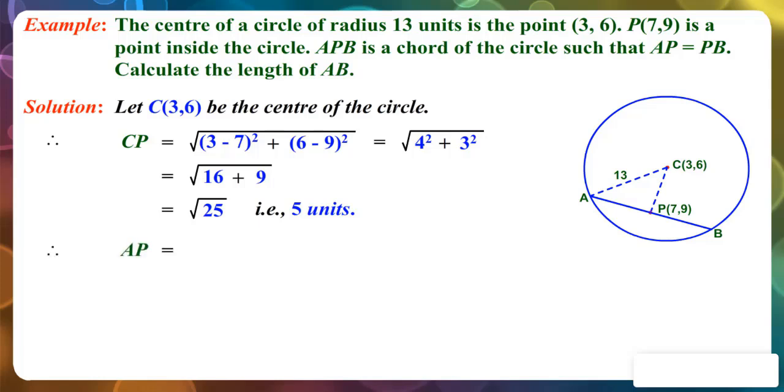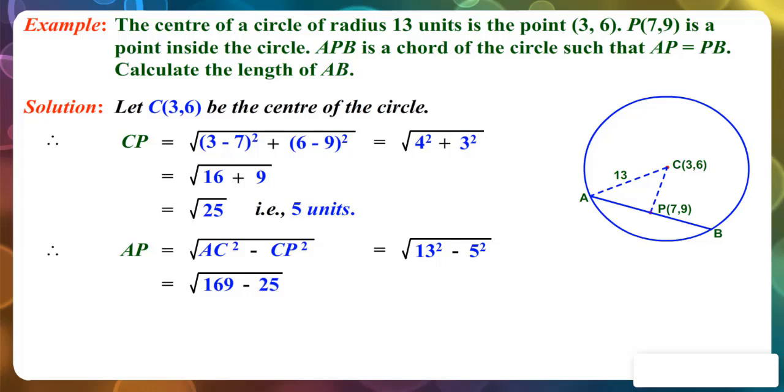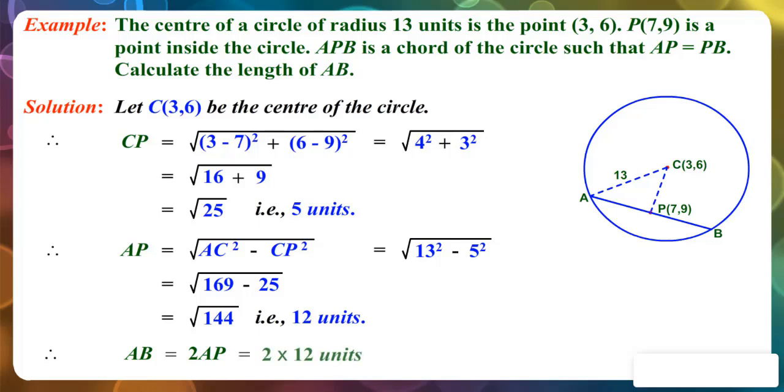Therefore, AP is equal to the square root of AC square minus CP square, which is equal to the square root of 13 square minus 5 square, which is equal to the square root of 169 minus 25, which is equal to the square root of 144, that is 12 units. Therefore, AB is equal to twice AP, which is equal to 2 into 12 units, which is equal to 24 units.